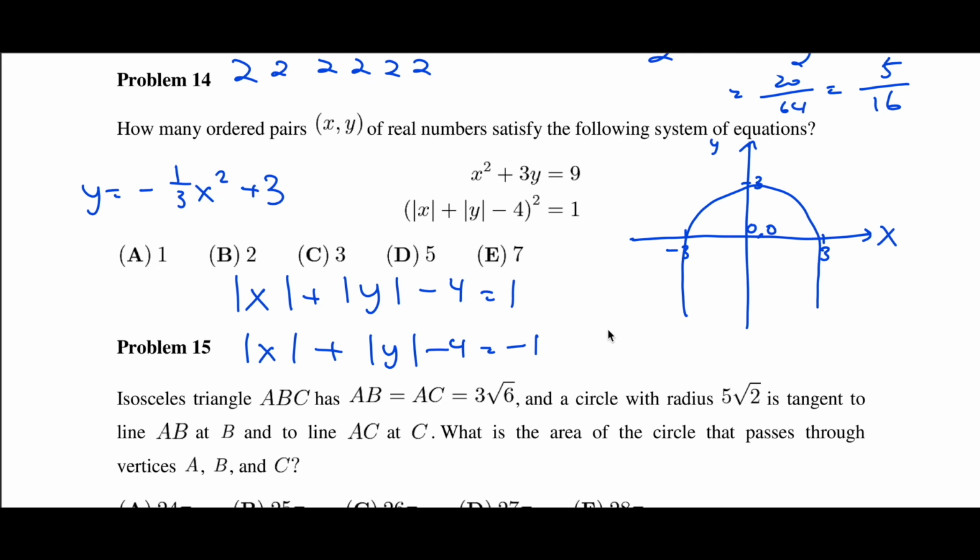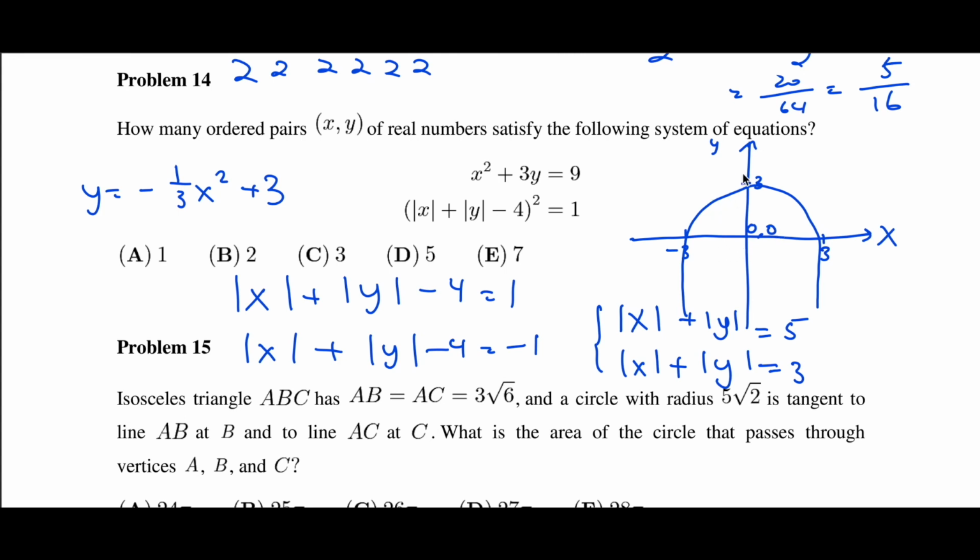So that is basically absolute value of x plus absolute value of y is 5, and absolute value of x plus absolute value of y is 3.